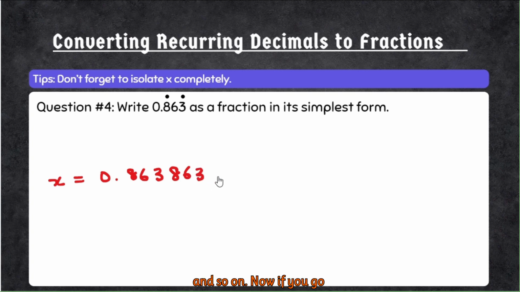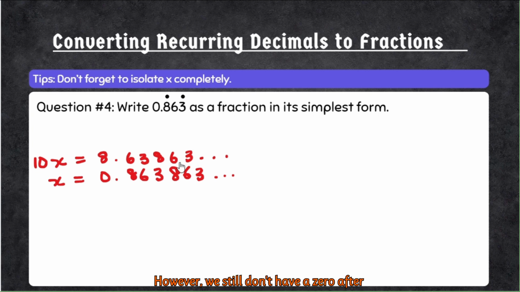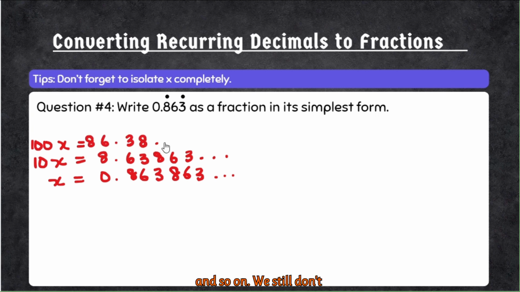0.863863 and so on. Now if you go to our 10x, that would equal 8.63863 and so on. However, we still don't have a 0 after our decimal. So we'll go on to 100x, and that would be 86.38 and so on.